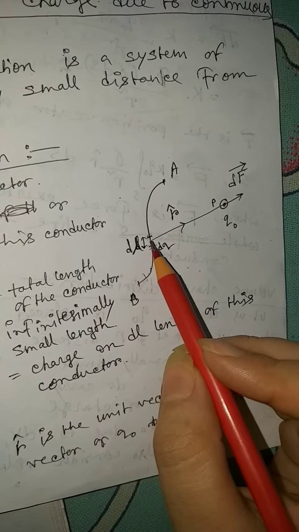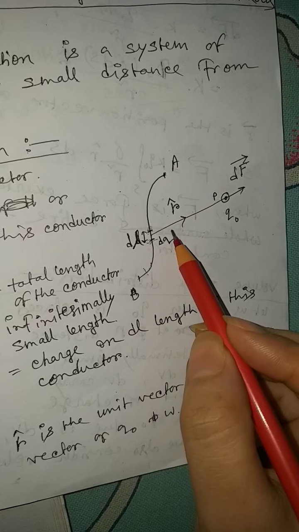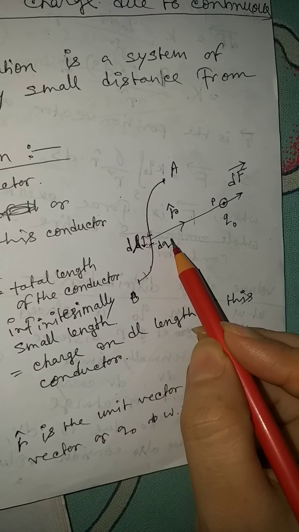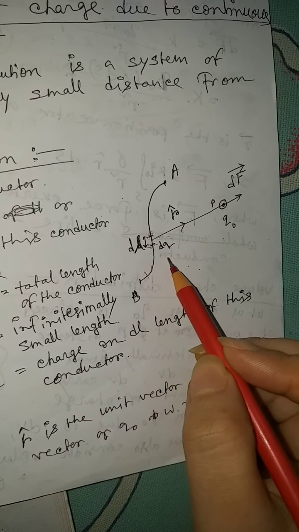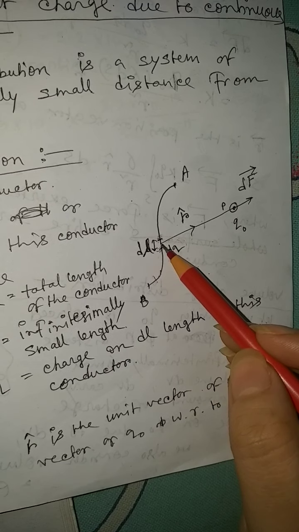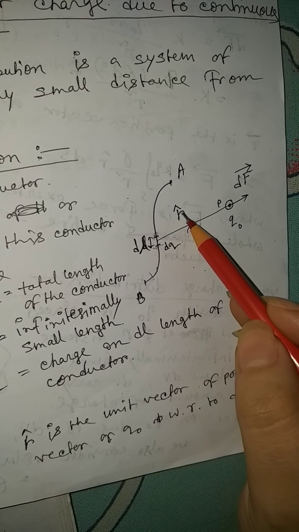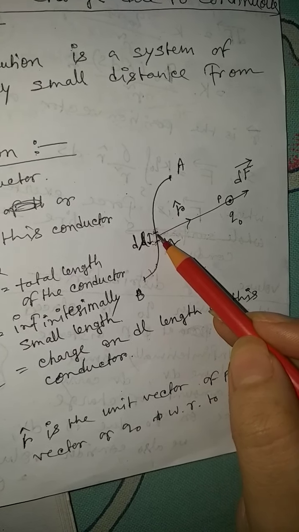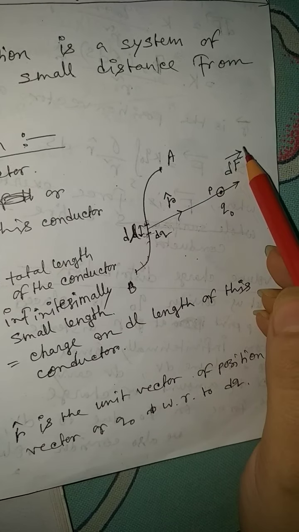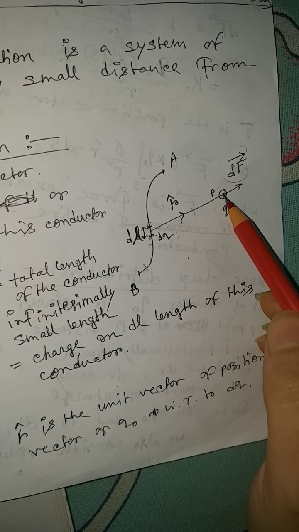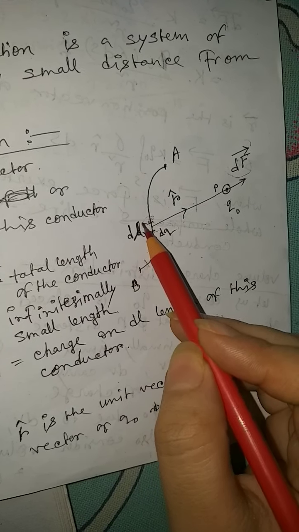So first I am going to find force at point P due to dl length, and here I consider this dl length contains dq amount of charge. The distance between dl length and point P is r, and r cap indicates unit position vector of point P from this length, and dF vector indicates force on q naught charge due to dl length.